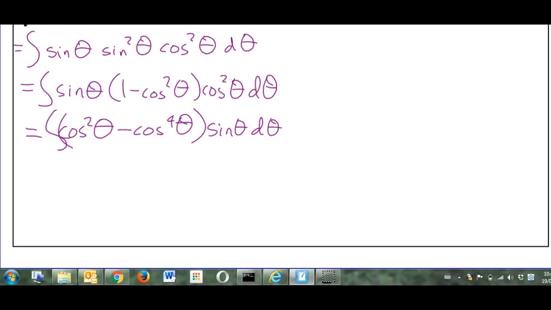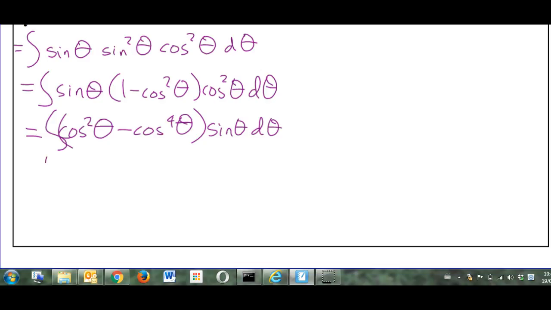All right, so I just put the cos squared theta into the brackets with the 1 and the cos squared theta. Whoa. Okay, now look, I've got a sine theta d theta. Everything else is cosine, right? Which is good because now I let u equal cos theta. Then du becomes sine theta d theta. Then this just becomes du, and this becomes u squared minus u to the fourth. It doesn't get much easier doing integrals of those, right?